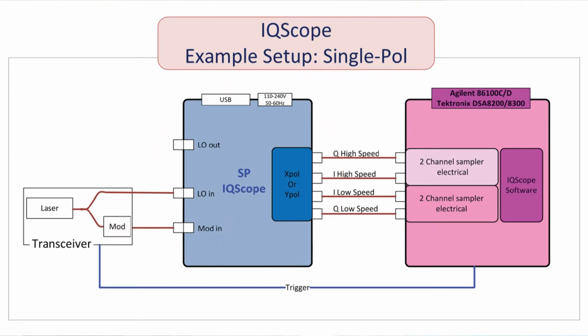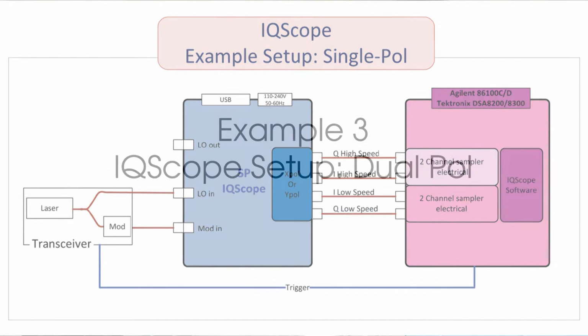The second path is your local oscillator input, which gets passed into the local oscillator input of the IQScope. And the electrical connections are the same as the previous example, so four connections to the equivalent time oscilloscope. So that's all it takes to set up a single pole configuration.